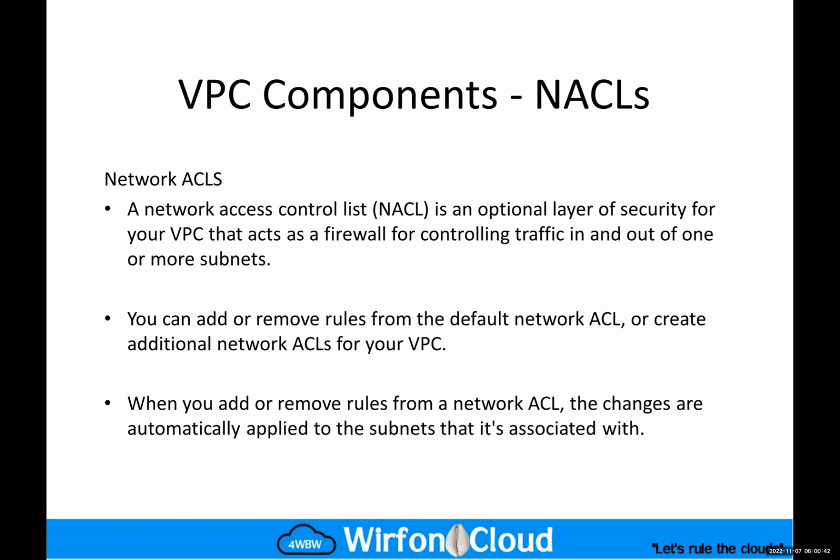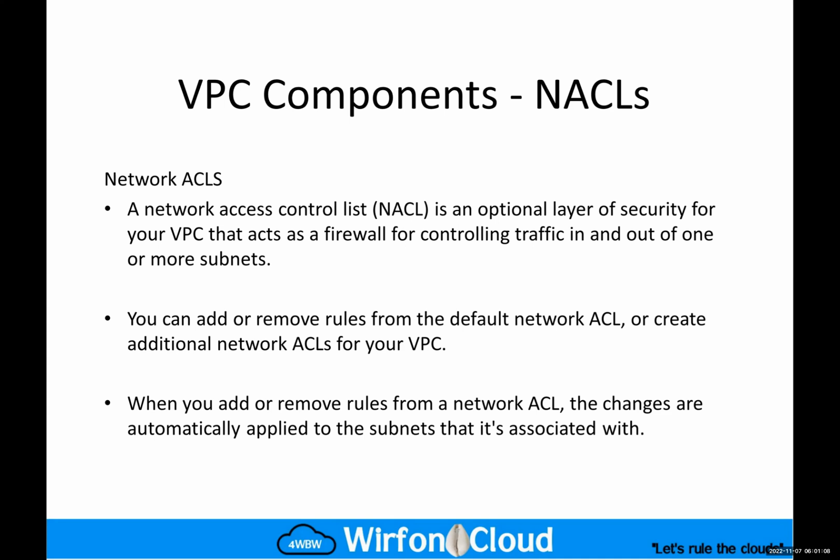But how do you protect these resources within your VPC or within your subnet? NACLs, or network access control lists, are another optional layer of security that you place on your subnet as a firewall for controlling both inbound and outbound traffic at the level of your subnet.